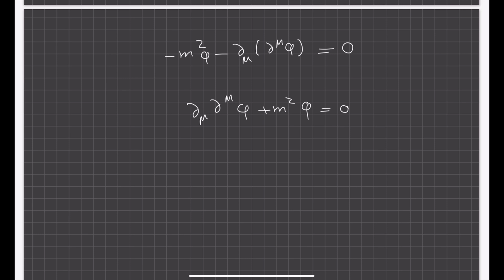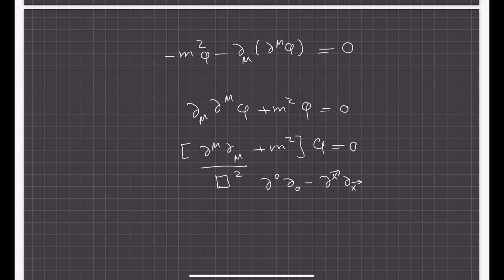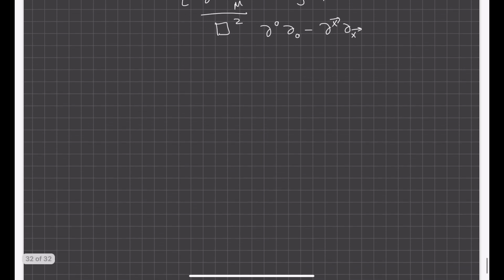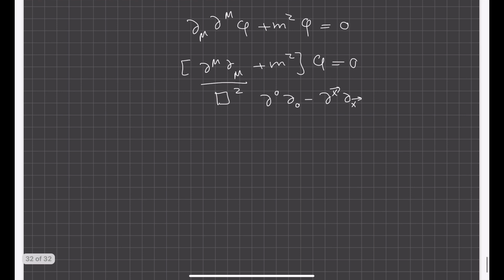And then I can write it down in this form. I can write this down in operator form. And I would call this term box squared. And this box is basically a time derivative minus a space derivative. And it's a Lorentzian signature. So now this equation is called the Klein-Gordon equation.